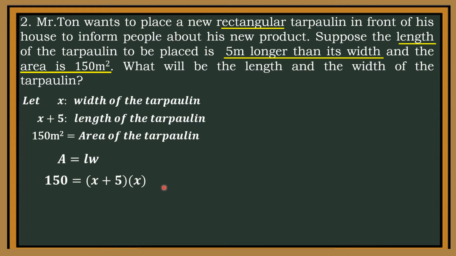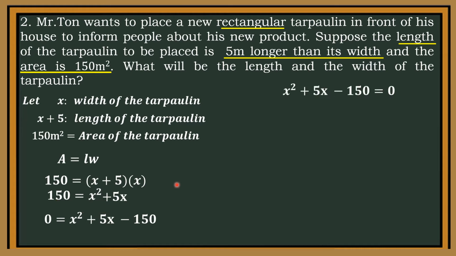Let us simplify. Copy 150, then multiply this. X times x, that is x squared. 5 times x, that is positive 5x. Transpose 150 to the right side, so it will become negative. Therefore, we will have 0 is equal to x squared plus 5x minus 150.